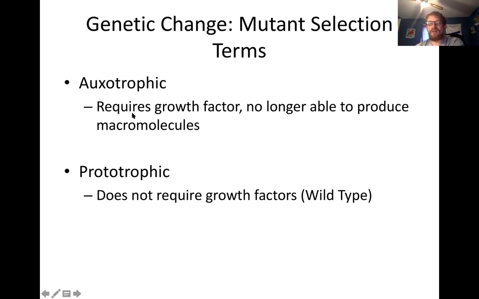A lot of times, an example of an auxotroph is that they no longer have the ability to produce an amino acid, and so you have to add that amino acid into the media in order to get them to grow. You'll see what that looks like in just a second. Prototrophic cells are wild type cells. They don't require the addition of a growth factor. And this is primarily going to come into play in something called indirect selection.